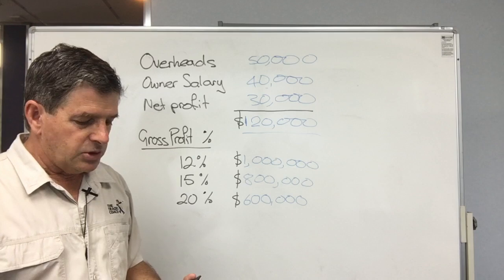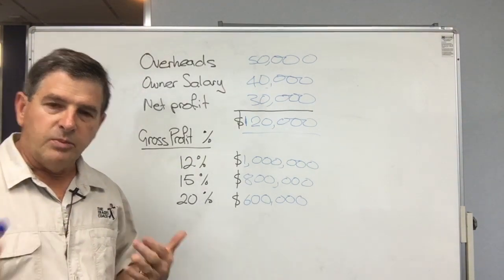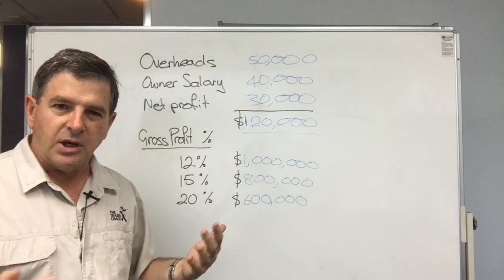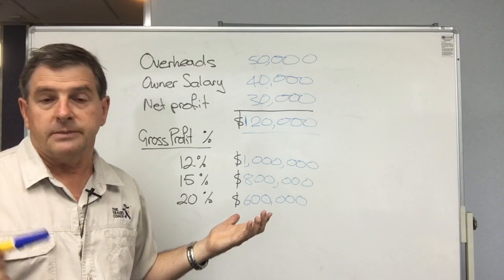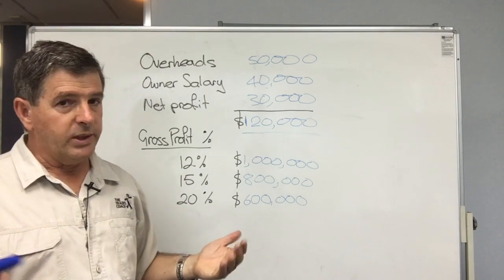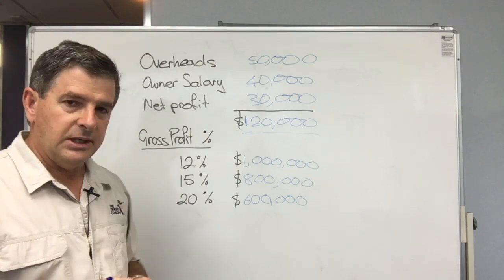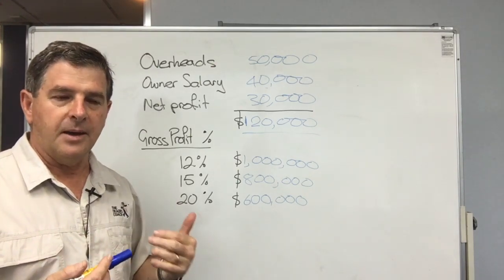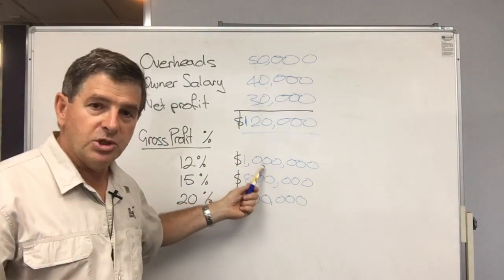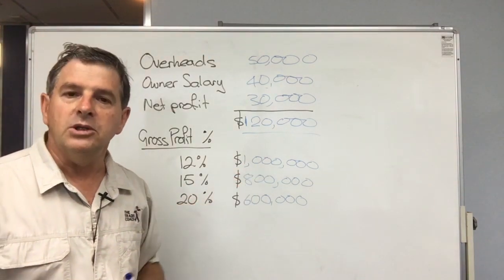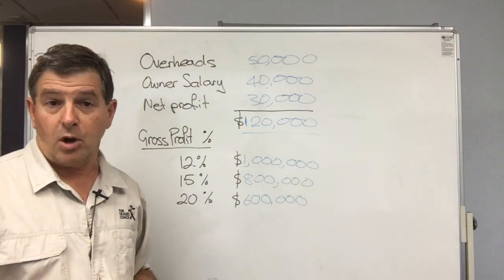A lot of people say, I know my gross profit rate is a bit low, what I lose in profit, I'll make up for in turnover. To a point, I guess that's okay, but you do need to be quite a bit bigger and be prepared to take more risk, because the more work you do, the more opportunities for things to go wrong.